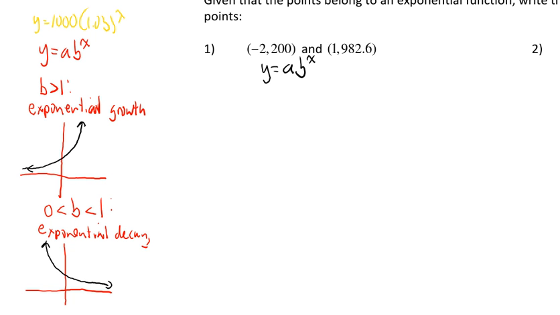I'm going to plug these coordinates into this formula. Y equals a times b to the x. Right underneath that, I'm going to plug in these coordinates. 200 equals a times b to the -2.